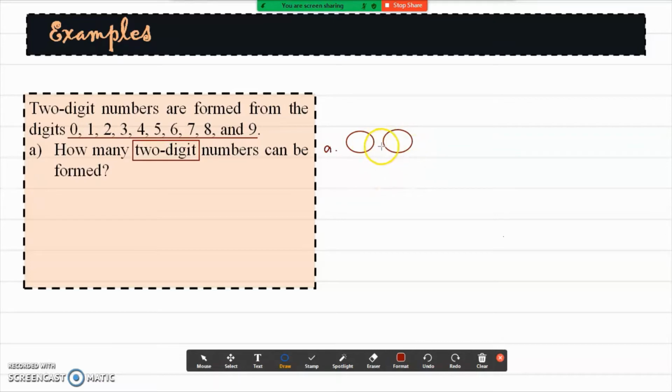Between the circles, write the multiplication symbol.